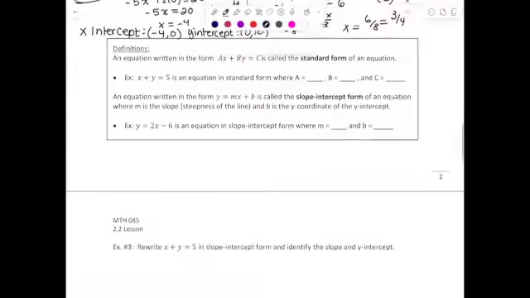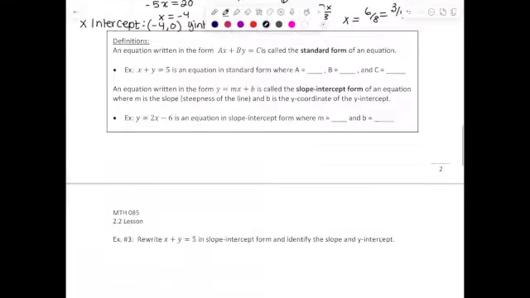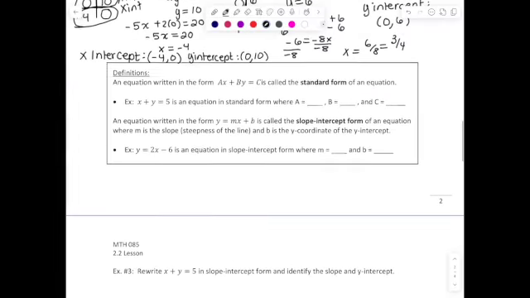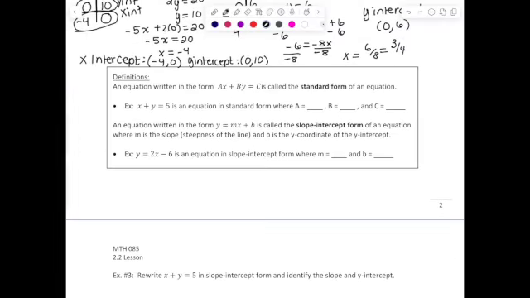So some final definitions, and then I think it's just mixed practice from there. An equation written in the form ax plus by equals c is called the standard form of an equation.